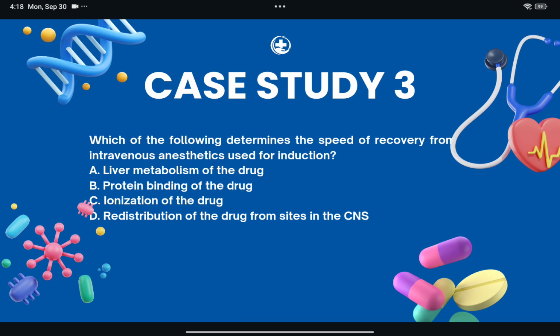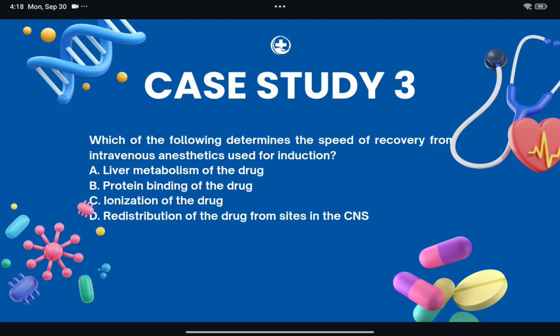Next, which of the following determines the speed of recovery from IV anesthetics used for induction? The first is when you are inducing. So which will determine it: liver metabolism, protein binding, ionization, or redistribution of drug from sites in the CNS? For induction we need the CNS. Option D is correct.